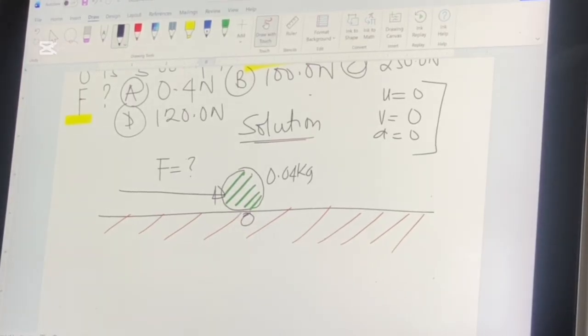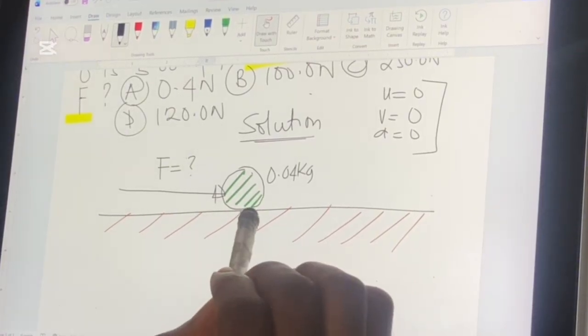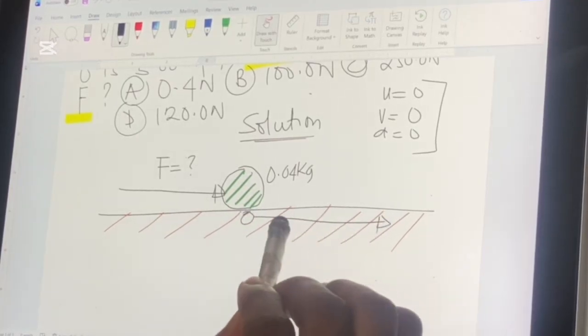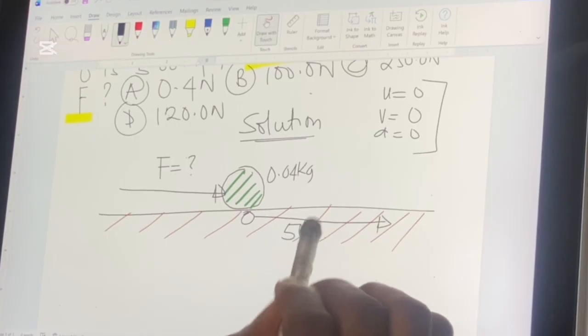Okay, now let's say the speed of the object when it has moved 50 meters, so from this O to this point is 50 meters.